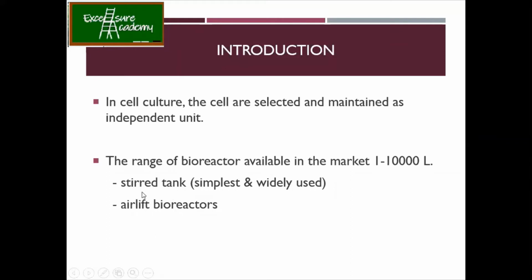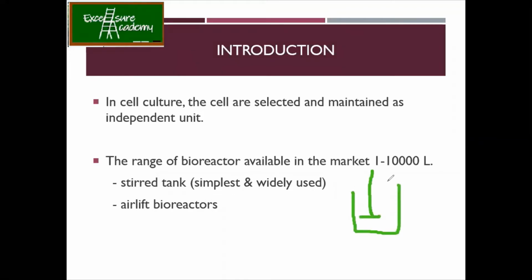From the word stirred tank, you understand that there is a stirrer present in the bioreactor. Something like this, it will be there and one stirrer will be there. This will be rotating. Now why is rotation required? Can anyone tell me? Why in the bioreactor do you need a stirrer? Why does this have to rotate?